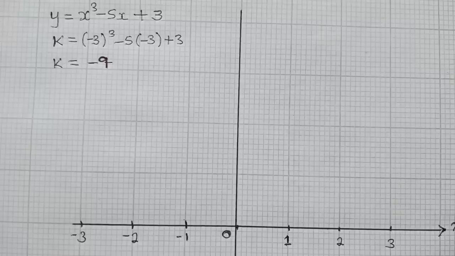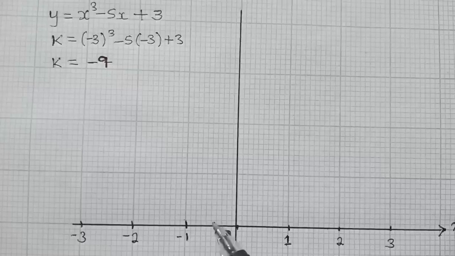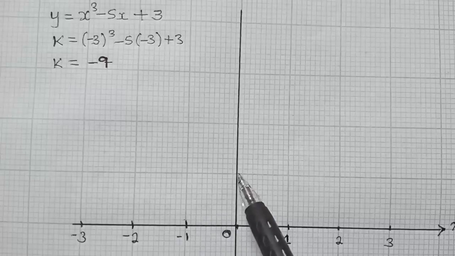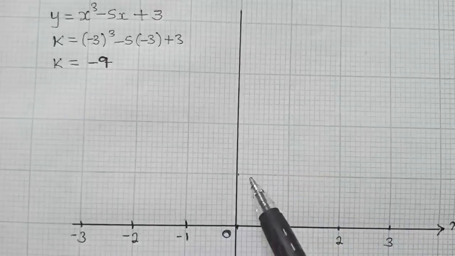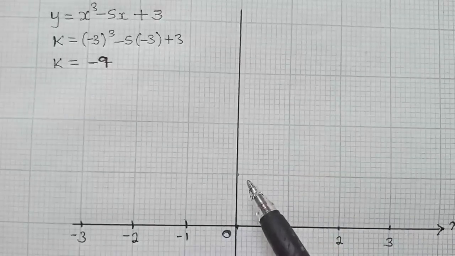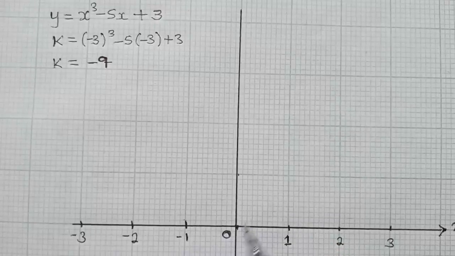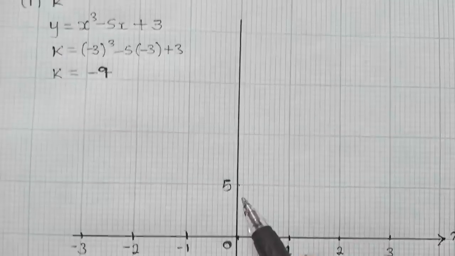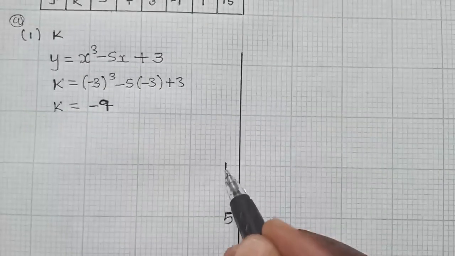That's the range, and also 2 centimeters. We know that this box is 2 centimeters, so from here to here it's 2 centimeters, just like that. So 2 centimeters to represent 5 units, so we will be moving in 5. From 5, we go to 10.